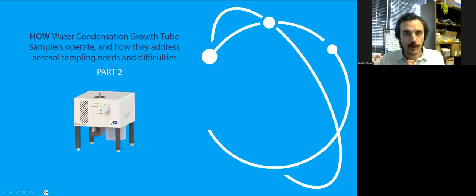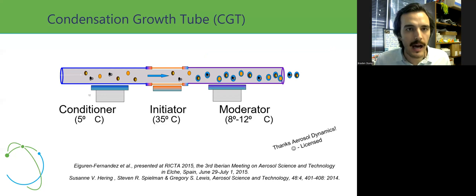Great. So on to step two and part two of this presentation. That is how these water condensation growth tubes operate, and how they address aerosol sampling needs and difficulties. This is the theory section, and I will be going with the high points, the 10,000-foot view. But if you'd like to learn more about this, I'd also be happy to describe further, meeting up for Zoom and beyond.